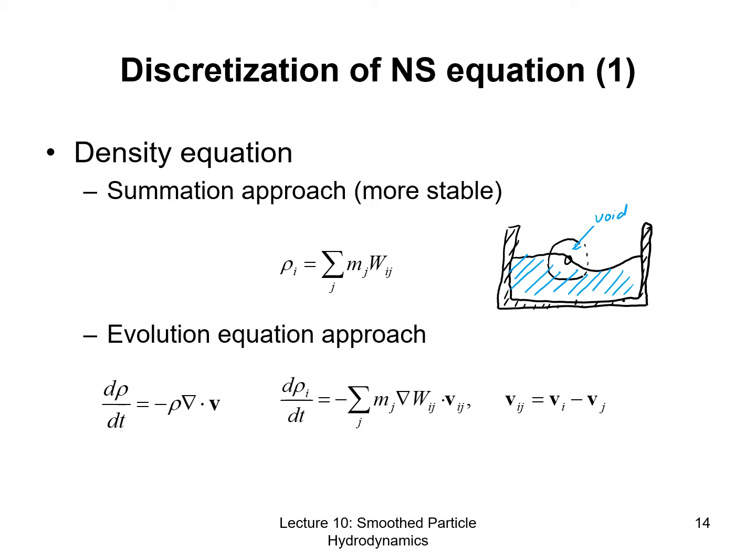You just consider liquid and empty place. Then in this region you have no mass, so basically this way you approximate the wrong density.